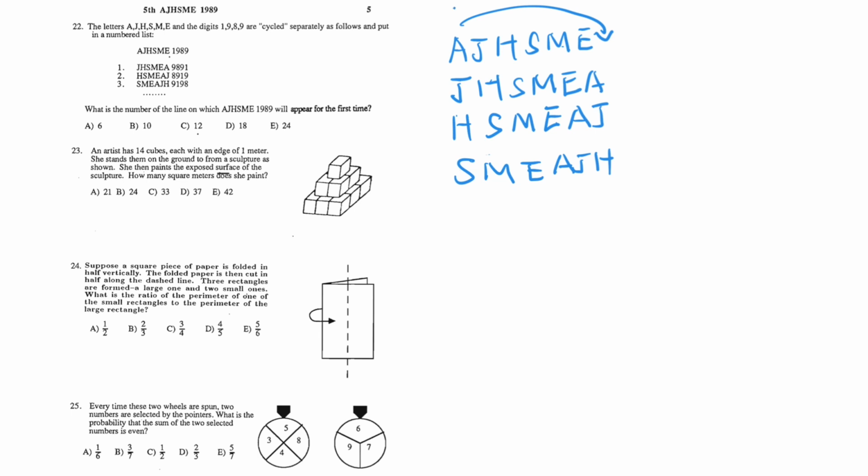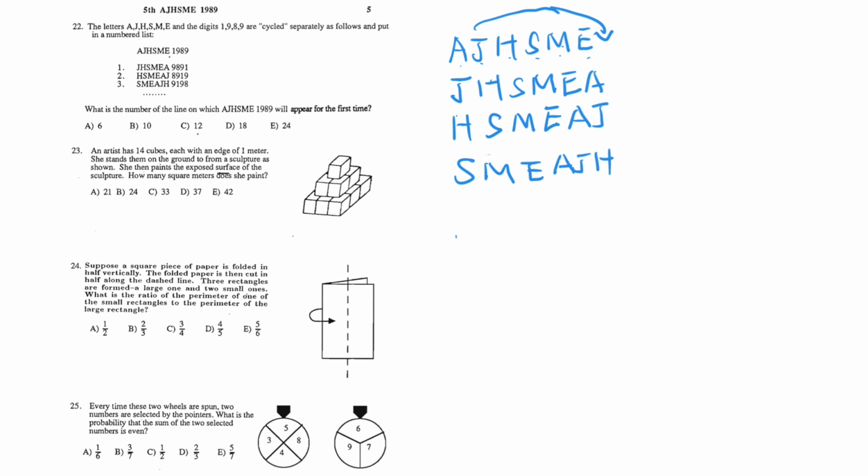The first one at the beginning is A, J, H, S. So we go 6 times, 1, 2, 3, 4, 5, 6.